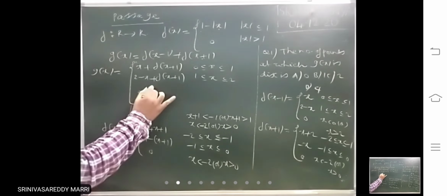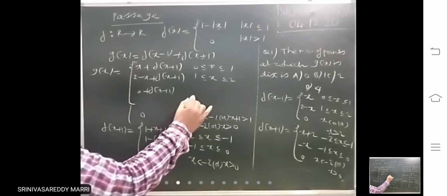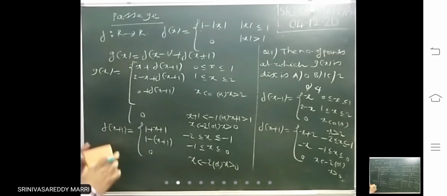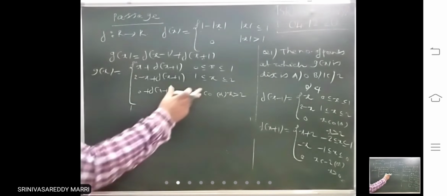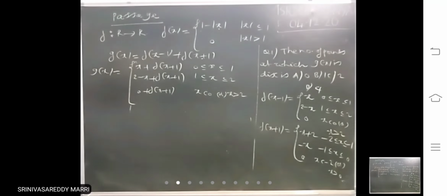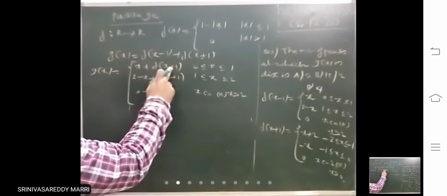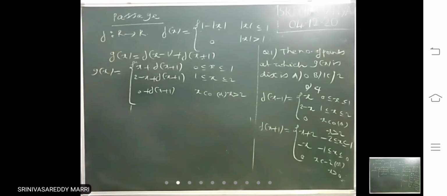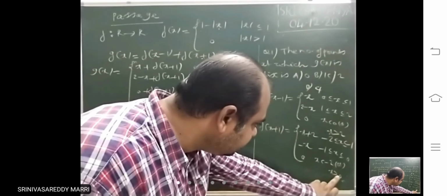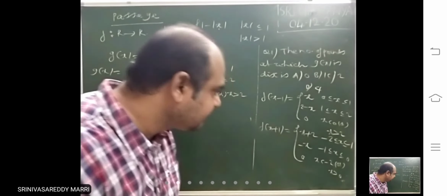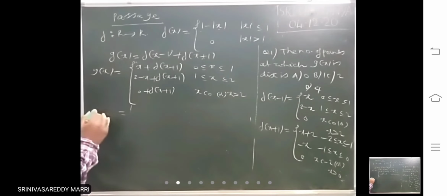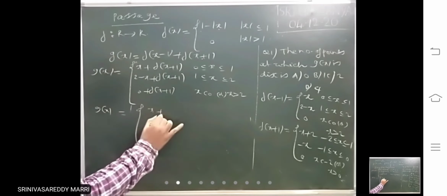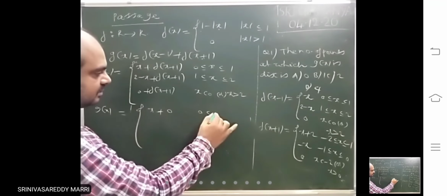So now in 0 to 1, what is the definition of f of x plus 1? In 0 to 1, the definition is 0. That means g of x is nothing but this x plus 0.